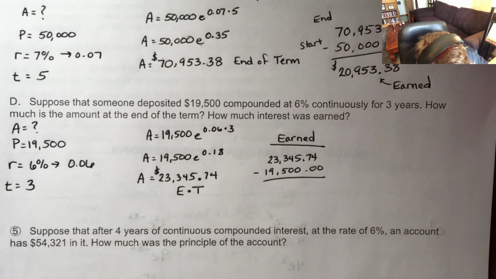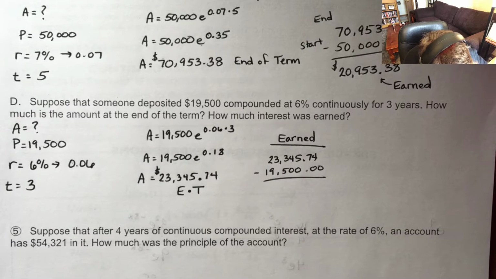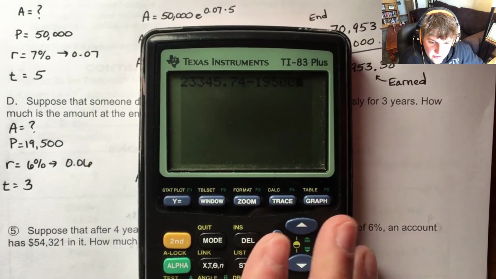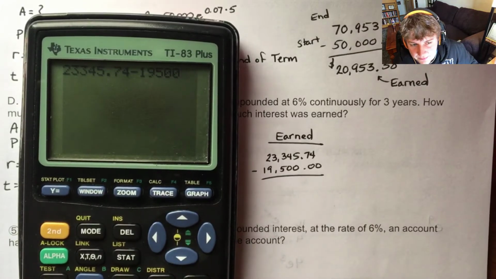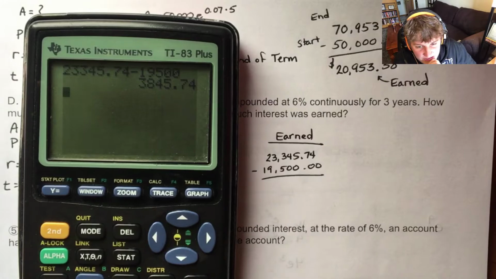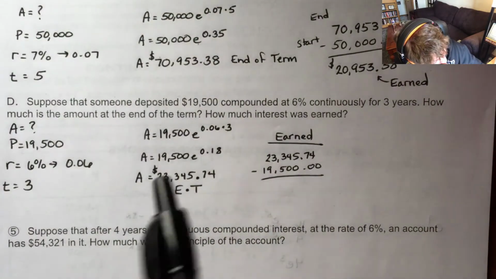So 23,345.74 minus 19,500. All I'm doing is typing that into the calculator. And it's going to be $3,845.74.